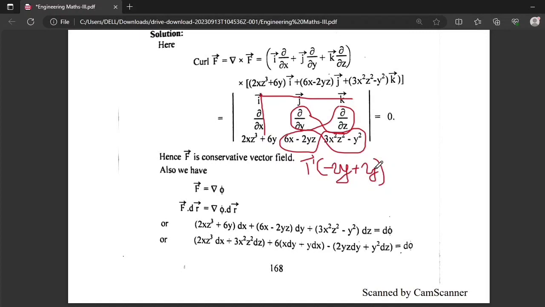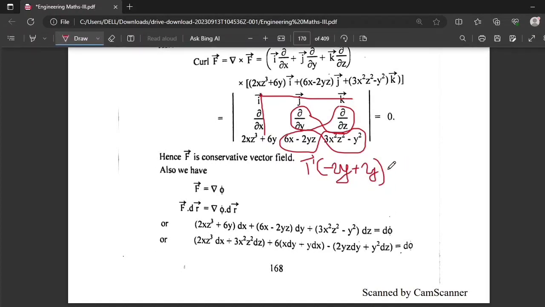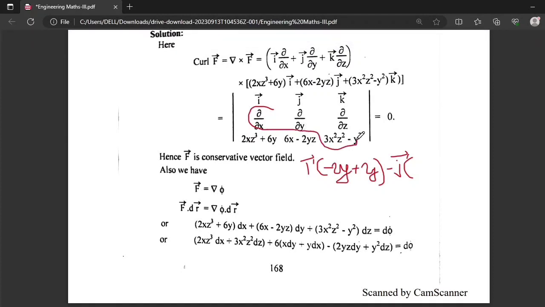And similarly for the j vector, it is ∂/∂x of 3x²z² − y².